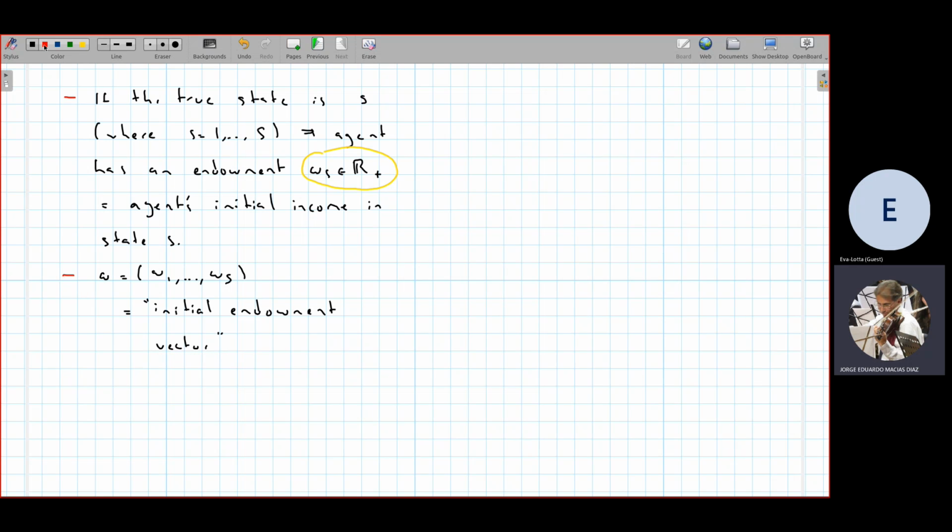All right. Another assumption is that the agent can change their income from one state to another. So let's mention that.